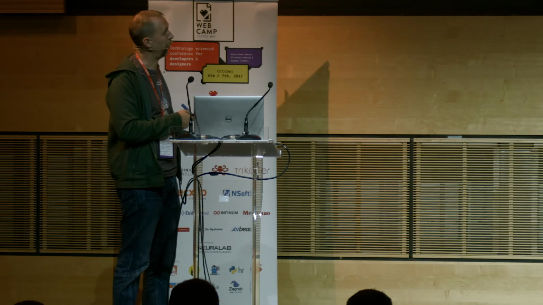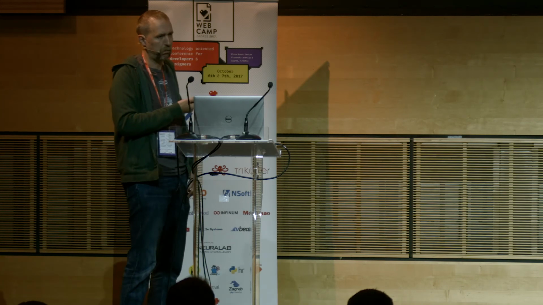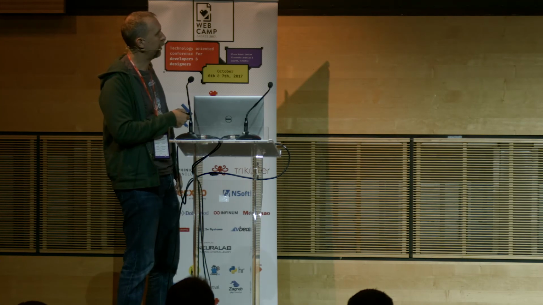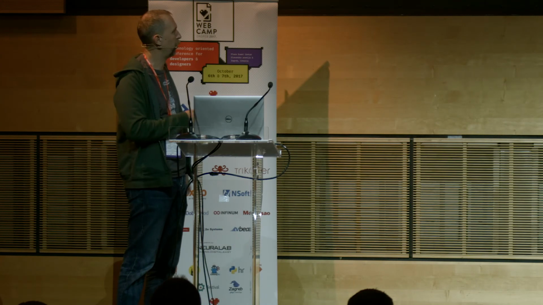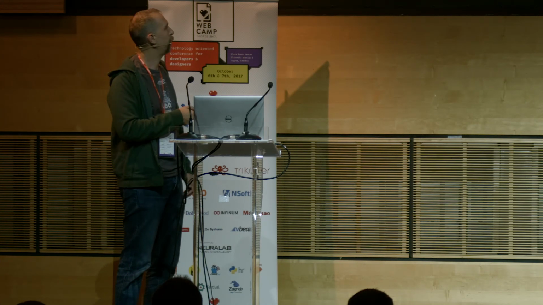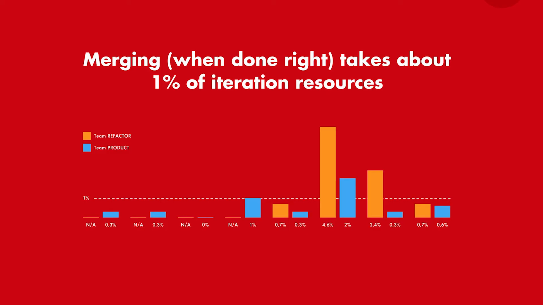And as you see, the yellow team paid the price, but still it was below 5%. So still that was pretty acceptable. And in the next iteration, the blue team was just business as usual because the yellow team was cleaning up after themselves, but still it was about 2%. So they're fine. So this is a situation when we did things we shouldn't have done. We should know better.